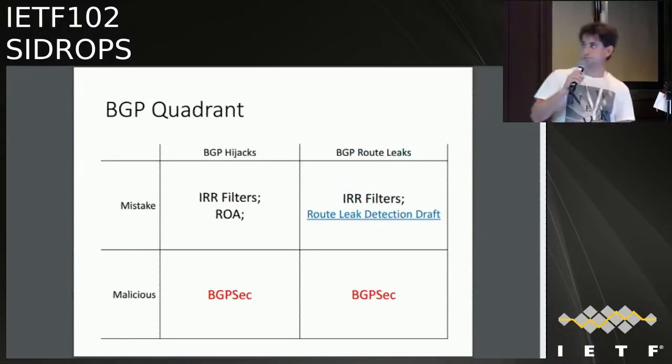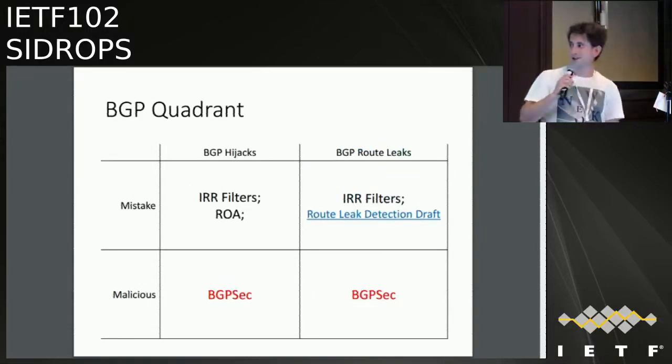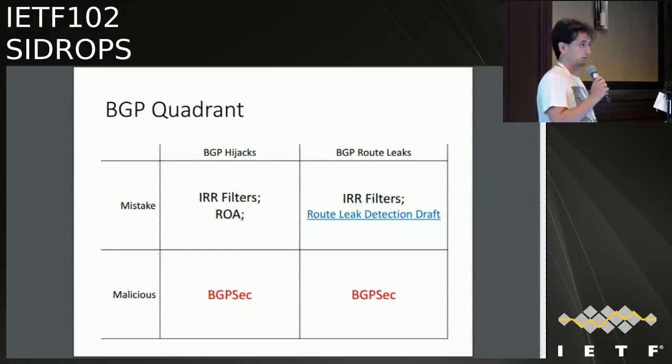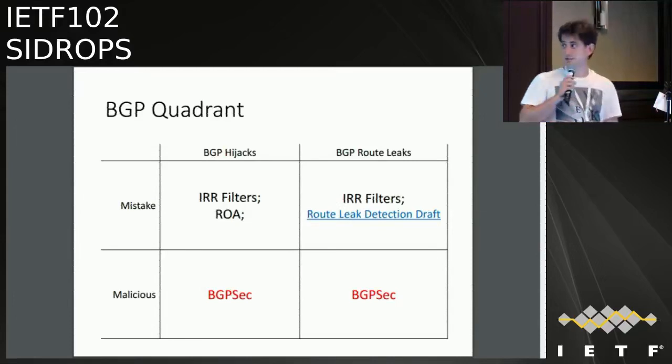Here is the BGP security quadrant. We have several tools that are capable of detecting mistakes, hijacks, and route leaks. There are the old, well-known IRR filters with old, well-known problems, such as problems with authorization, naming, and outdated data.